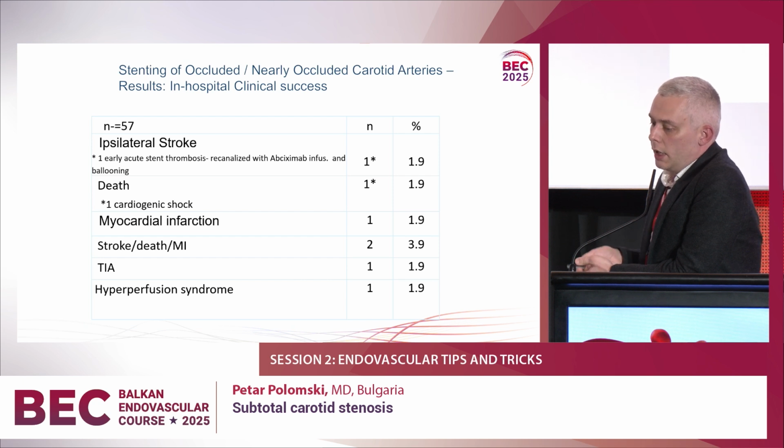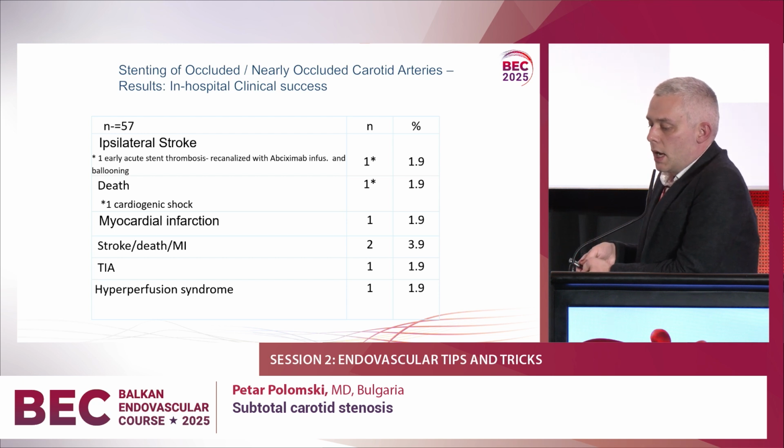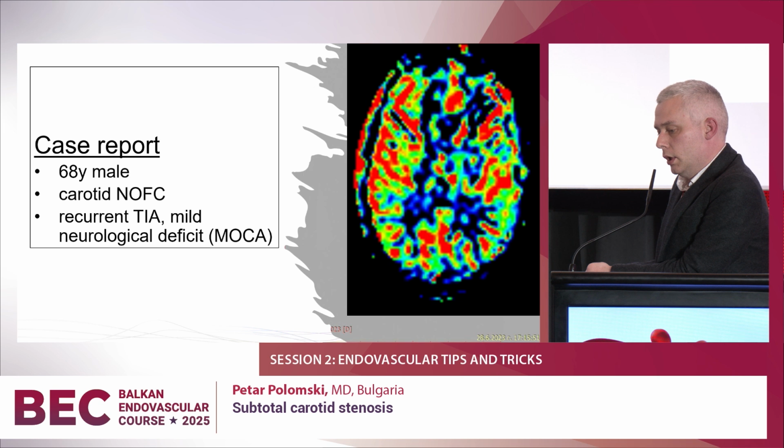And here are our results till this moment, which are quite good. We have one clinically significant ipsilateral stroke with modified Rankin Scale decline of the patient after the procedure, one death, and another stroke that, unfortunately, was because of bleeding, and this patient died. But however, in our series of 57 patients, these results are not so bad.